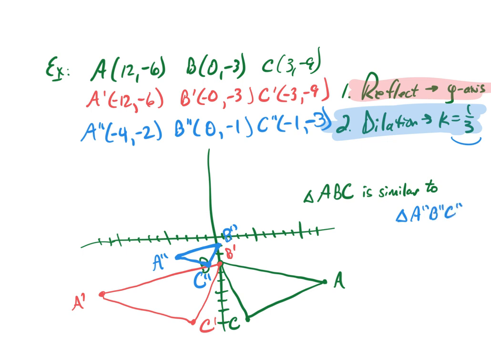And if they're similar to each other, that means they have equal angles and proportional sides.